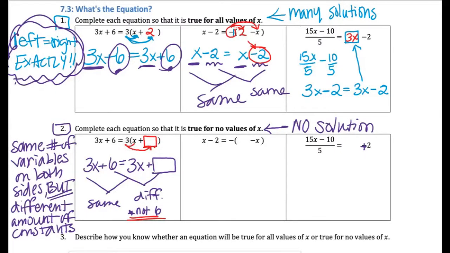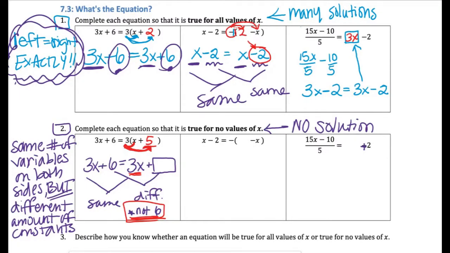Because remember, I distribute the 3. 3 times x gets me 3x. 3 times whatever is here needs to get me not 6. So what number can you put in that box so that when you multiply it by 3, you don't get 6? This can be any number that's not 2. 5, 10, 11, -7, 243.